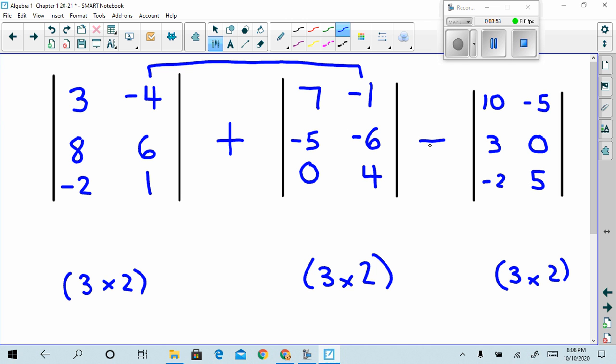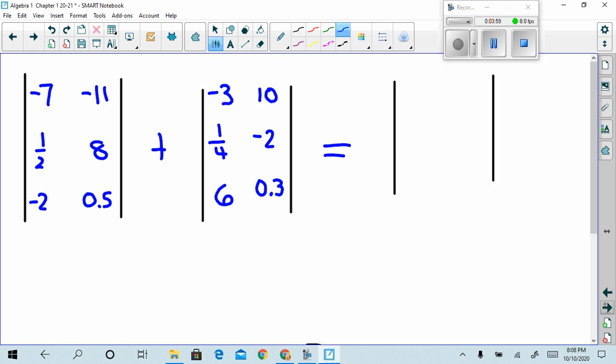Once again, I can add or subtract matrices of the same dimensions, same size. Let's just try another. Again, I'm looking at this. This is a 3 by 2 and another 3 by 2. So knowing the dimensions, one-to-one correspondence.